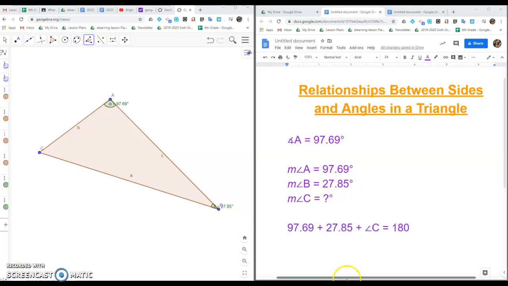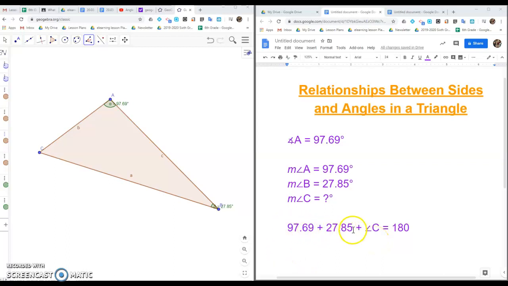All right, so I set it up algebraically. We have measure of angle A plus measure of angle B plus measure of angle C equals 180 degrees. So measure of angle A is 97.69, measure of angle B is 27.85, plus the unknown angle here equals 180. So first we combine like terms.